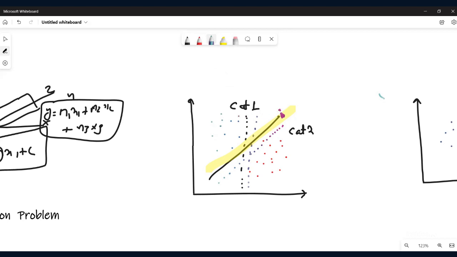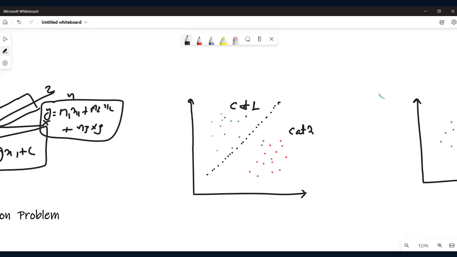So this is to understand why we need to identify the correct line. Let me make this image clearer. Let's say I drew this line. There can be any line. This line is correct for this training set.